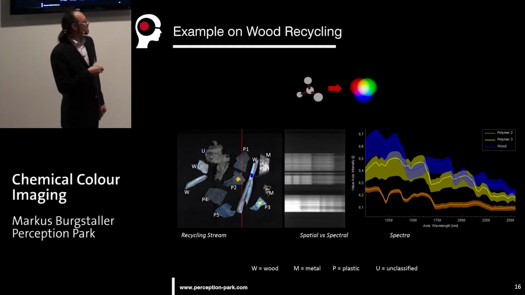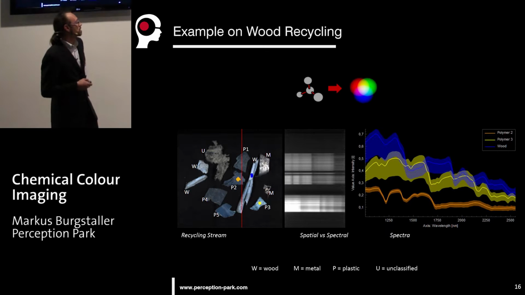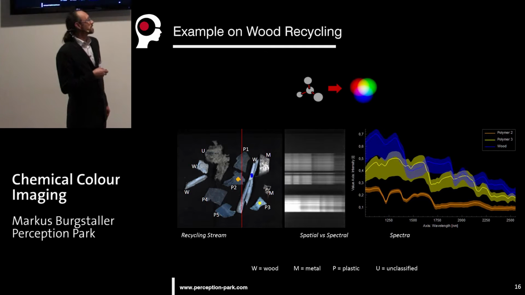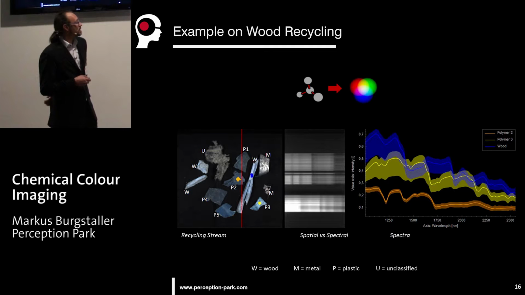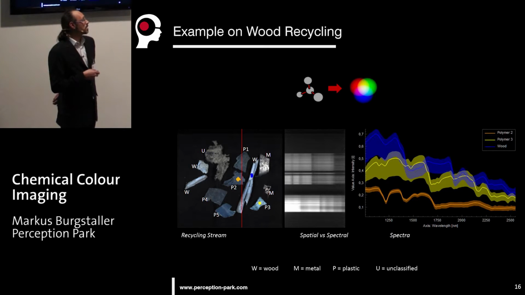Then here are objects denoted by W, this and this. Those are wood. The aim is, for example, to differentiate the wood from the other objects. You can see I have selected some pixels at this point. Behind these pixels the spectral information is located, as shown here.